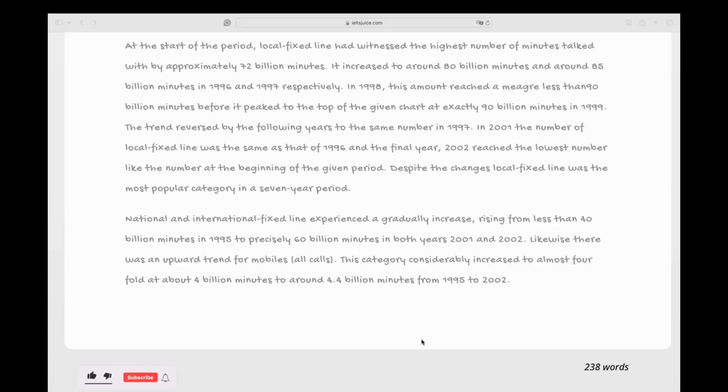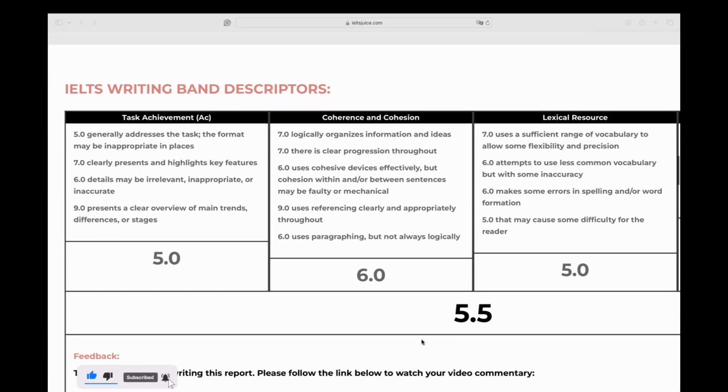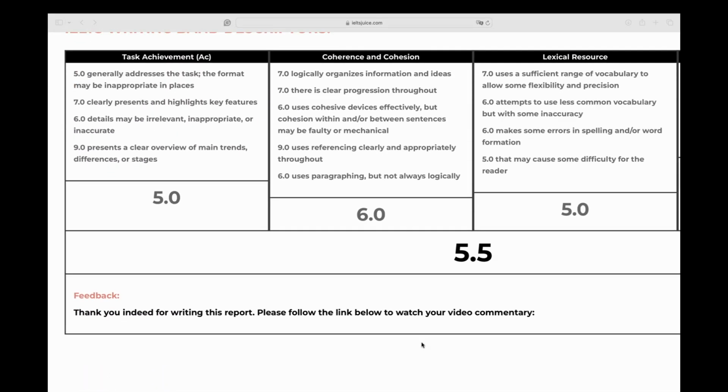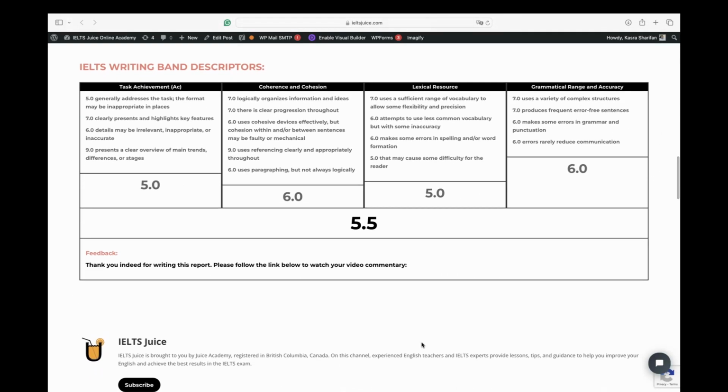238 words. Now let's look at the band descriptors, and apologies for a small technical issue here. It's only for a couple of minutes. So task achievement, it doesn't go any higher than 5 because of 5 factual mistakes.